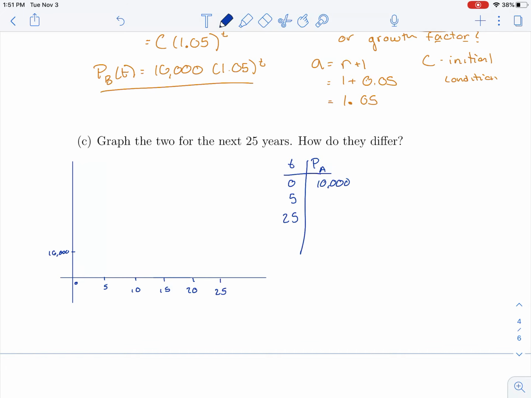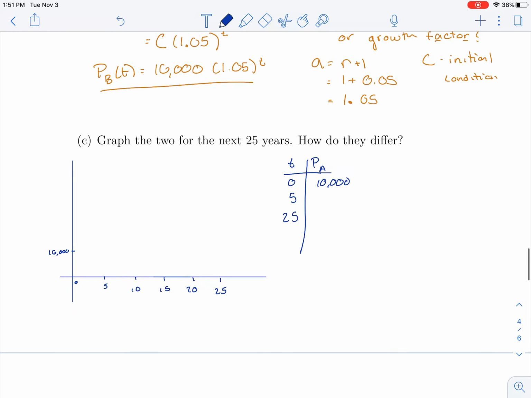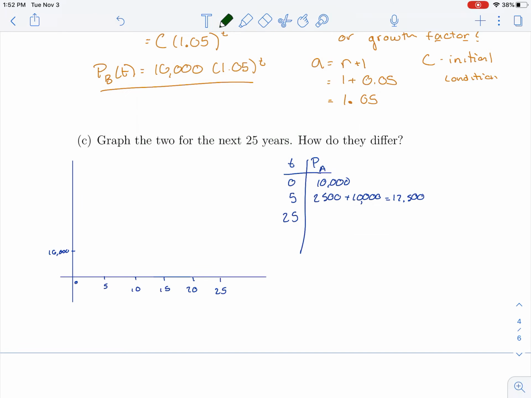After 5 years, I'm going to have 5 times 500, just plugging 5 into our function. So I get 2,500 plus 10,000, which is going to give me 12,500.